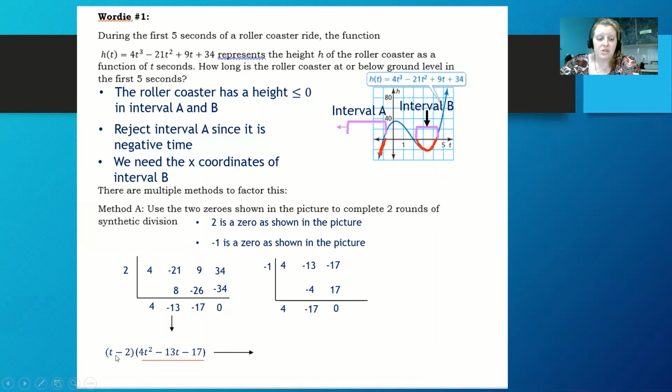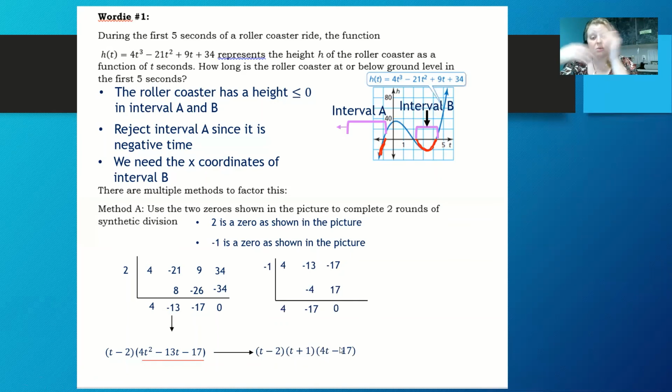So what I'm going to do is change this part to, I still have the t minus 2, but my 4t squared minus 13t minus 17 factors into t plus 1, and that comes from right here. And then my leftover, well, if I started with quadratic, now I start with just 4t to the first, and then minus 17. So what I did is I took this big polynomial and I factored it into 3 separate factors.